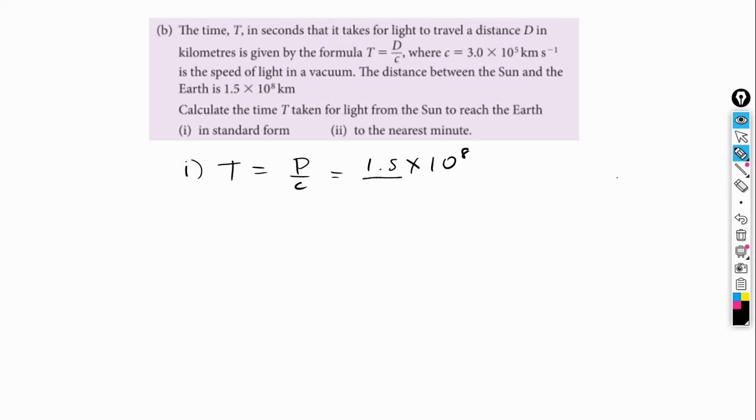And this divided by the speed of light in kilometers per second. So this would be 3.0 times 10 to the 5. So here we apply the rules for division. So we have to divide, first of all, 1.5 by 3.0. So let's use the calculator.